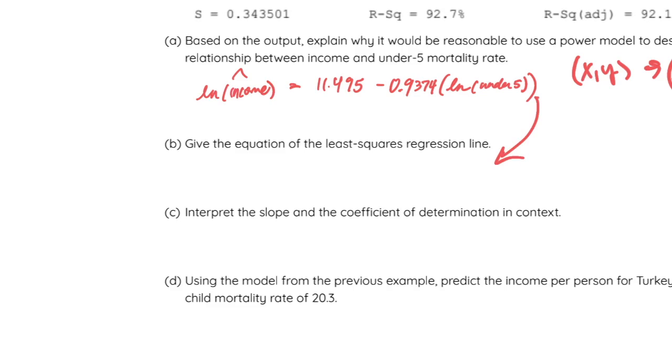So we can say as the natural log of under 5 mortality rate increases by 1, the natural log of income decreases.